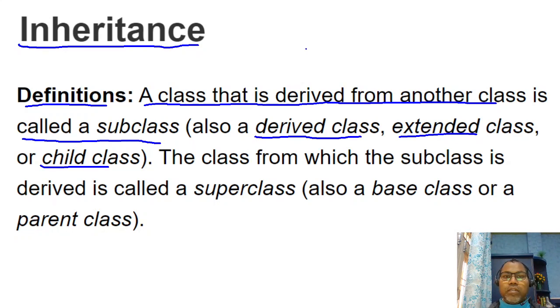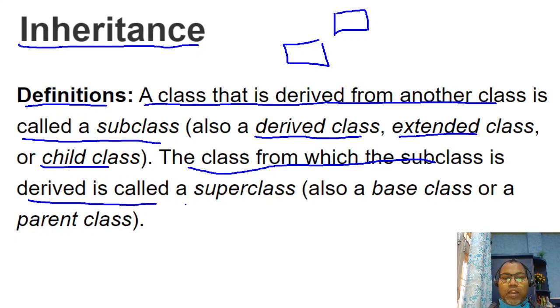So inheritance is a property of inheriting the data members of a class. This is your derived class, this is your superclass. The superclass data members are inherited by your subclass.